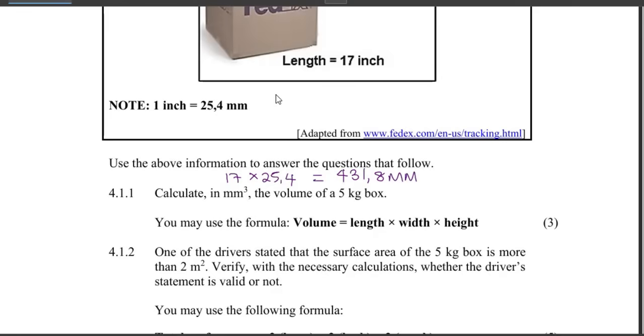Now, the volume is given to you. When you look at it nicely, it has the same length, same width, same height, which is the same as L to the power 3. But anyway, let's substitute. This simply means 431,8 times 431,8 times 431,8.